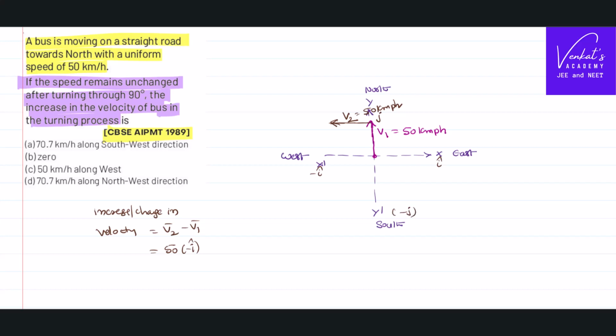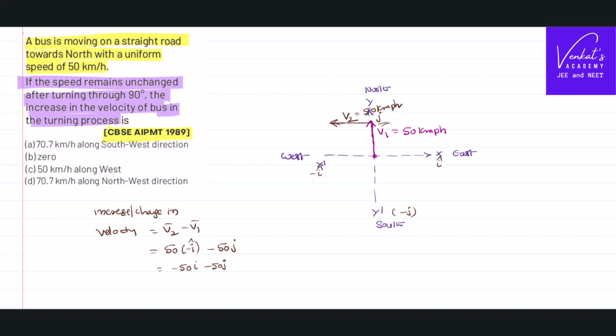The i, j, k are the unit vectors along the x-axis, y-axis and z-axis. That is V2 minus V1. What is V1? It is towards the north, along the positive y-axis, that is 50 j cap. So this value is minus 50 i cap minus 50 j cap.